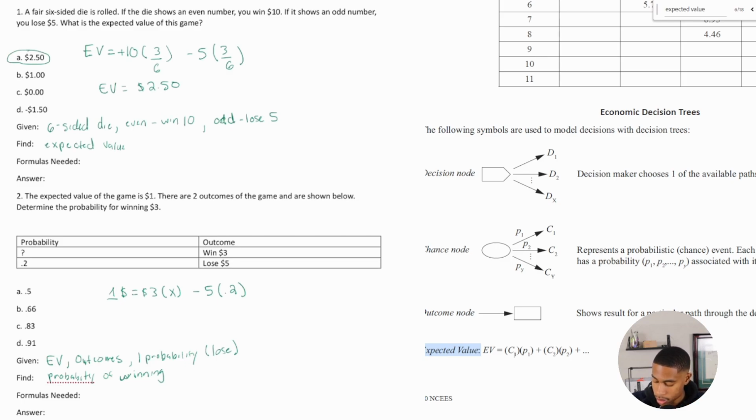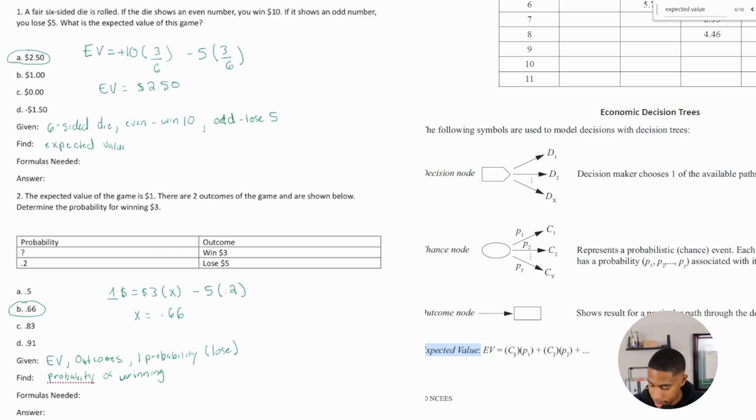I get X to equal 0.66. Okay. And so what is X? X is the probability that we are going to win $3. So that's what it's asking for. And I see that in my answer choices. Just B, or 66%.